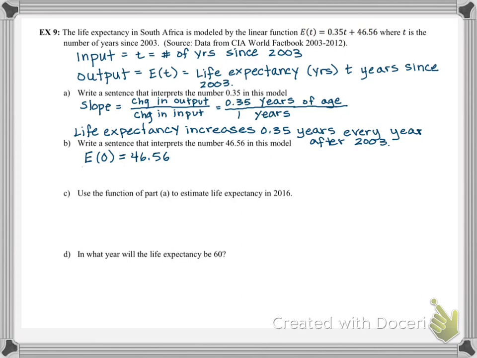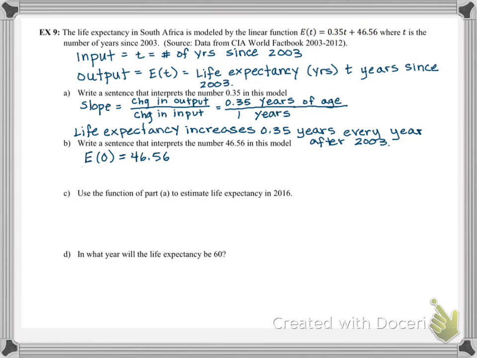And this is where, if you're not sure what that represents, you can write it like this and then go back up to what you wrote, where it says E of t equals life expectancy t years since 2003. You could literally copy that and then just replace the t with 0, right? So 46.56 is the life expectancy 0 years since 2003, which I might not actually write 0 years since 2003 because it sounds a little silly, but then you can condense that into in the year 2003, right?